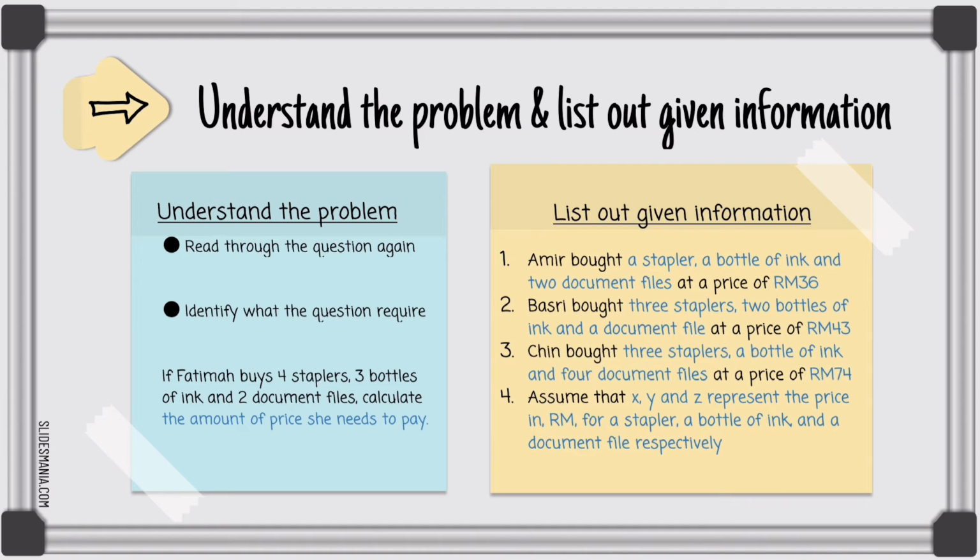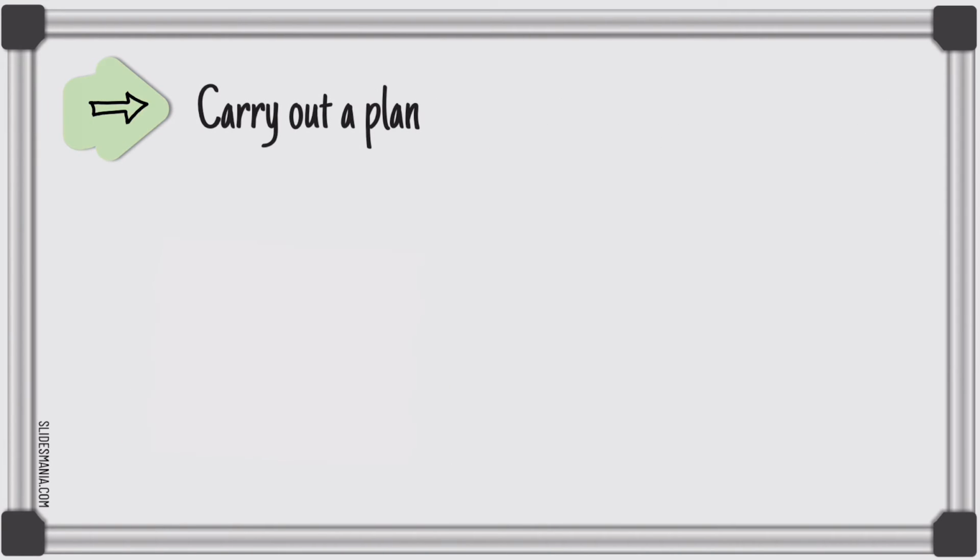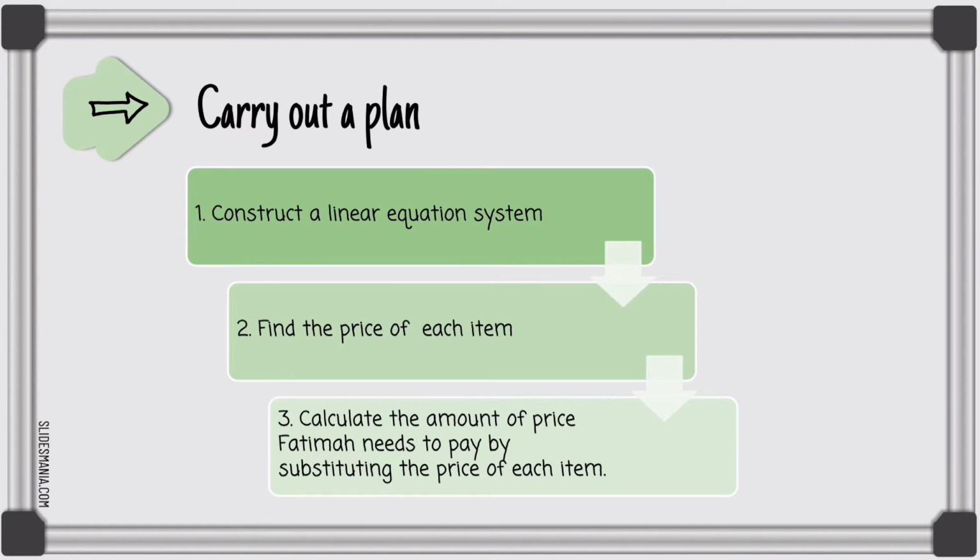After we listed out all the information, we can now carry out a plan on what we are going to do first. By listing out the information, we can use it to construct a linear equation system. This is the most important part in solving the problem, as you won't get the correct answer unless your linear equation system is correct.